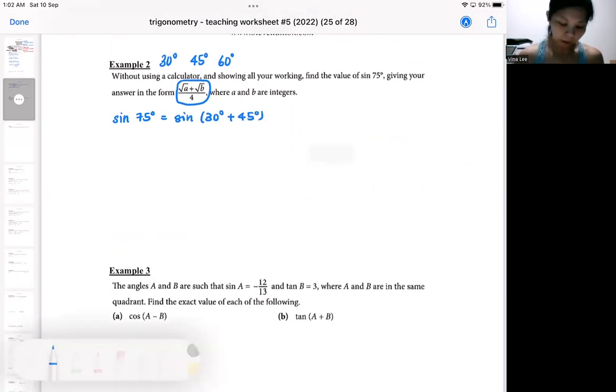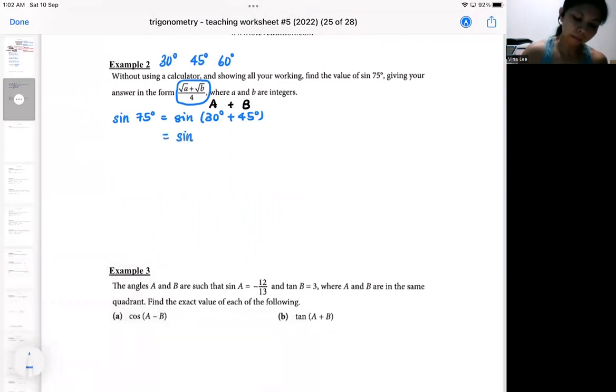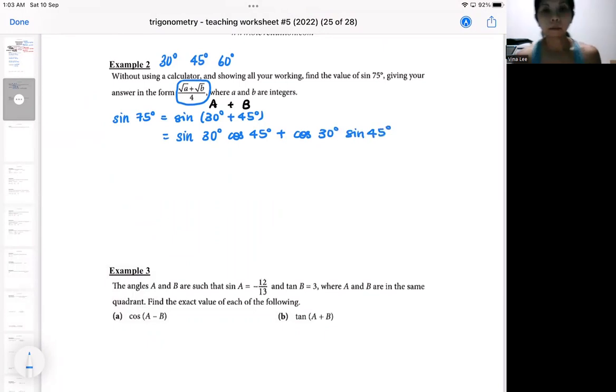In such a case, you will see that this is your A and B. It looks like the A plus B formula. So you follow the formula: sine, cos, cos, sine.